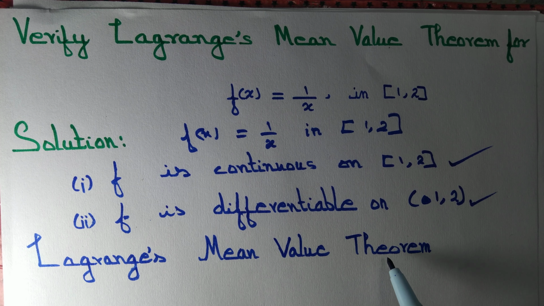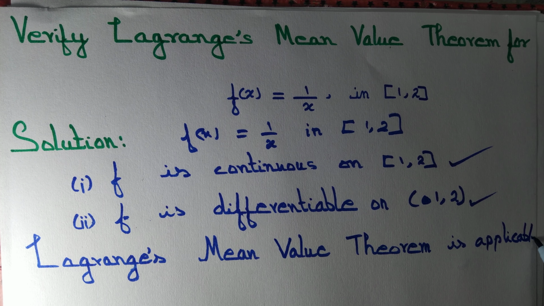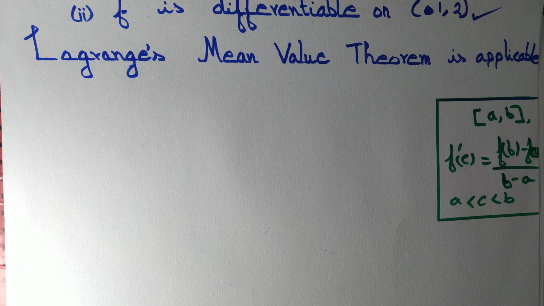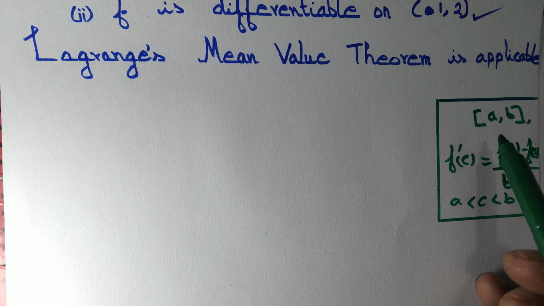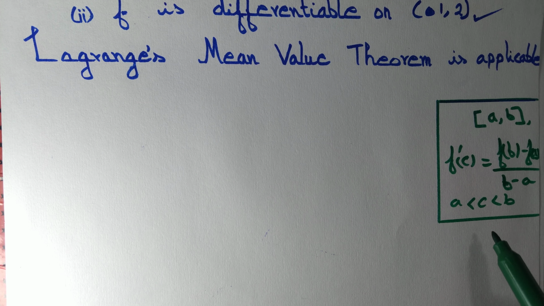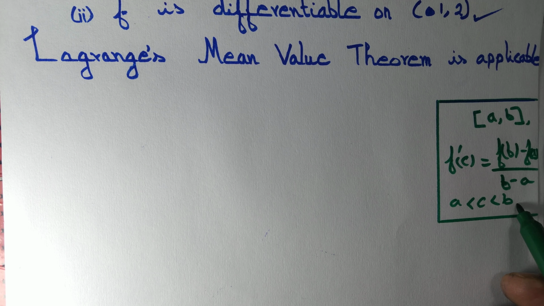So Lagrange mean value theorem is applicable. In other words, we can apply Lagrange mean value theorem. What does Lagrange mean value theorem say? It says if f is continuous on the closed interval [a, b], differentiable on the open interval (a, b), then there exists a constant c such that f'(c) equal to (f(b) minus f(a)) by (b minus a), and that c must lie on the open interval (a, b), that is, c must be greater than a and less than b.